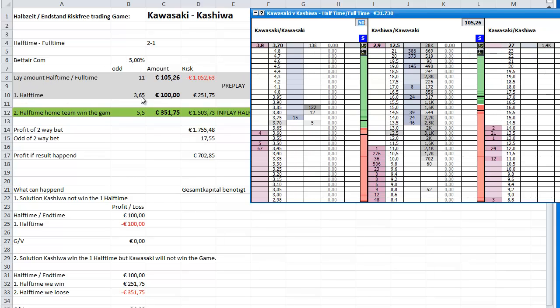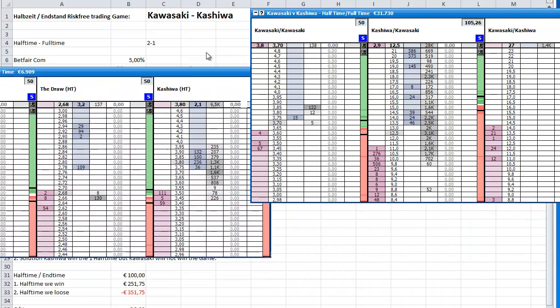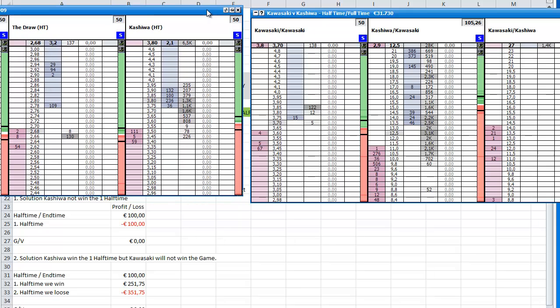At the first half time, we try to get in at 3.7, so we try to ask for the price.